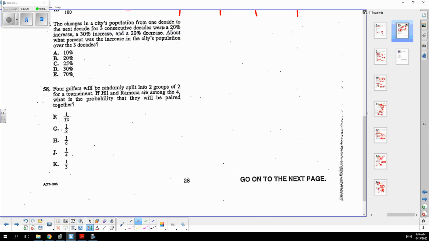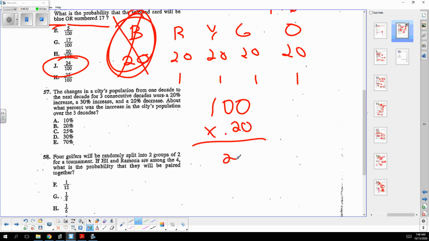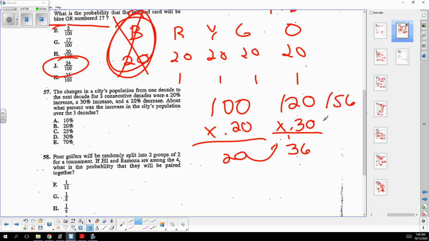57 is my classic cheater. They don't tell me the population, so I'm going to start with a population of 100. So a 20% increase. I times it by 20% and add it, I end up with 120. Then a 30% increase. I times it by 30%, I get 36, that's 156, followed by a 20% decrease.